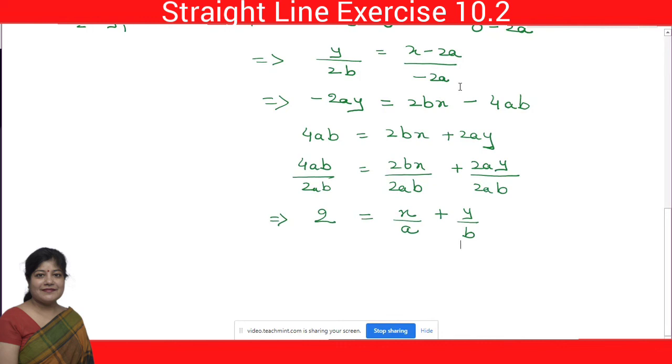Now the next question we have is 19. A point H, K divides the line segment between the axes in the ratio 1 is to 2. Then we have to find the equation of the line.